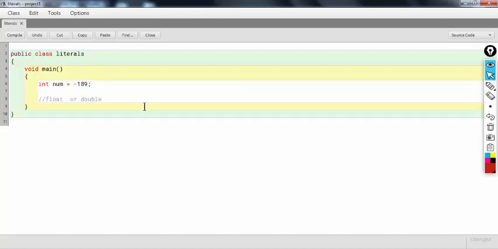So you can use either a float type or double type. For the moment, let's use double, and we'll see float and double in detail when we discuss data types.